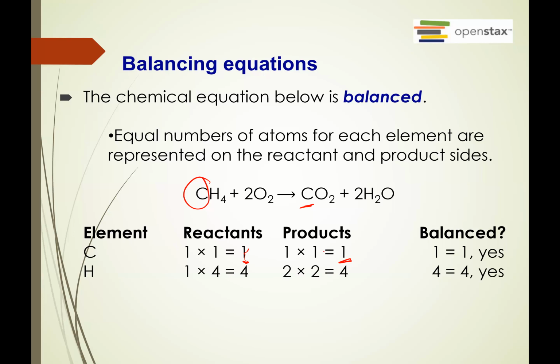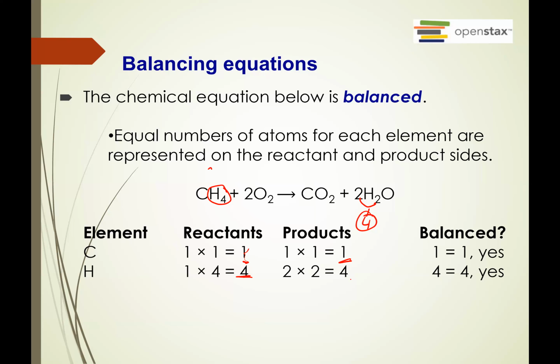So if we look at hydrogen on our reactant side, we have 4 hydrogens. And if we look over here, now this part is really important. You see there's a 2 in front of the water and a 2 after the hydrogen. So this is 2 times 2, which means 4 hydrogens.